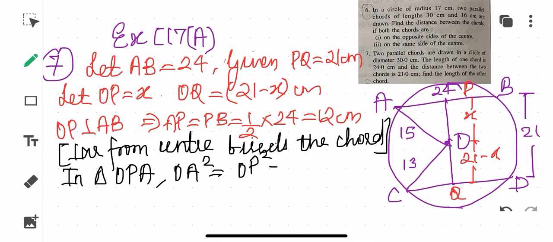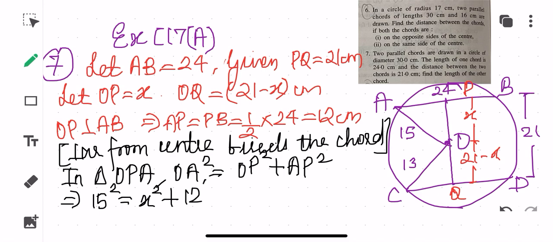OP square plus AP square. Now you have been given OA, so OA will be equal to 15. This implies 15 square is equal to, OP you have taken as x, so x square plus AP, which you have calculated as 12, so 12 square.